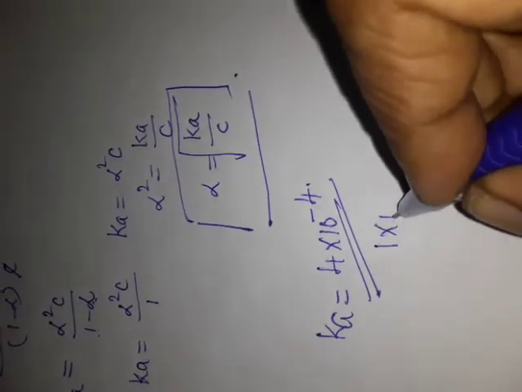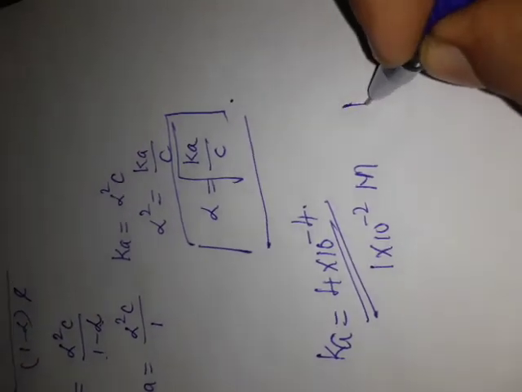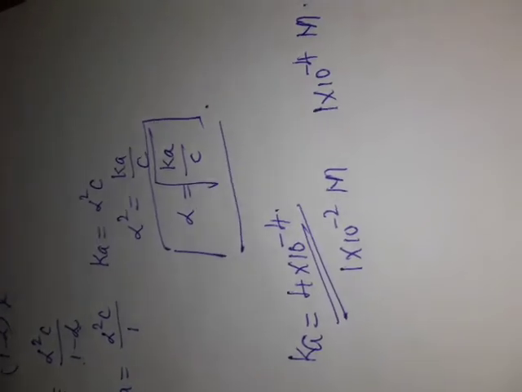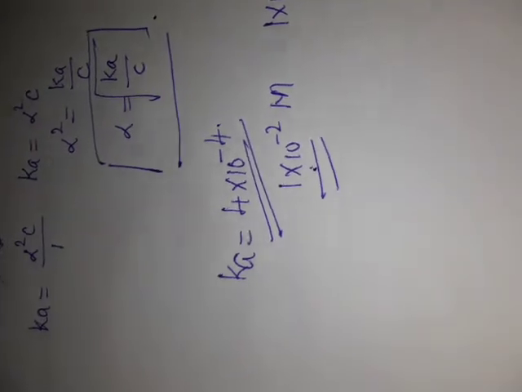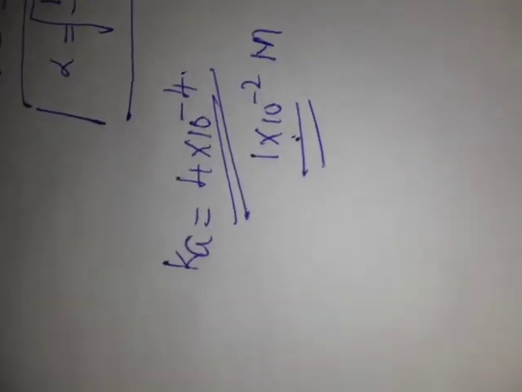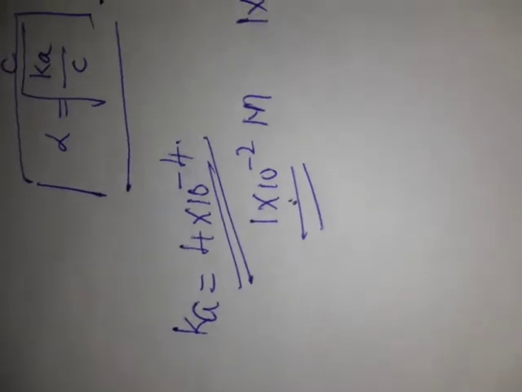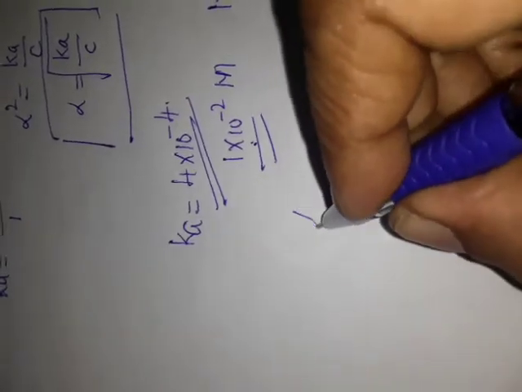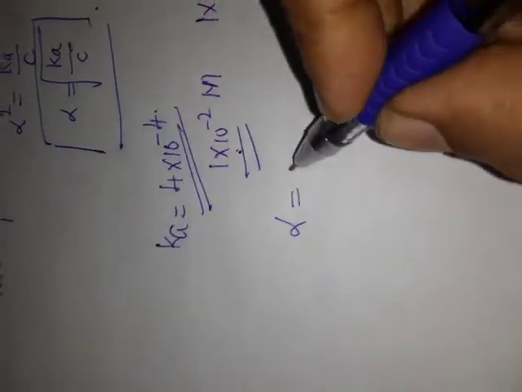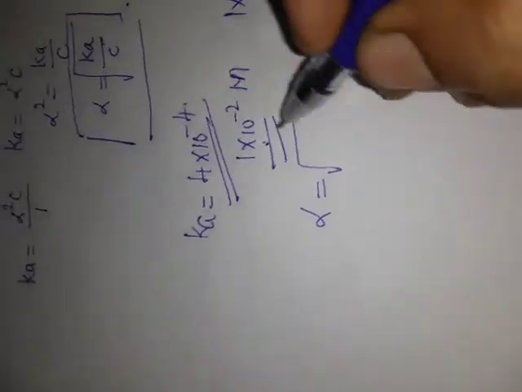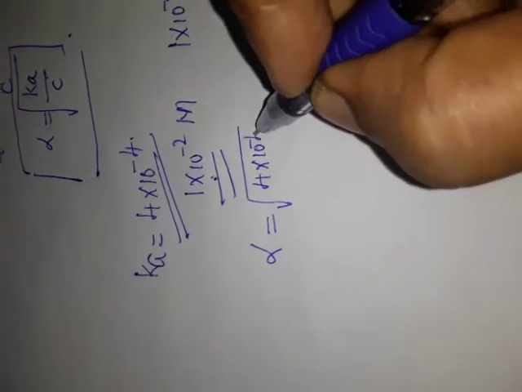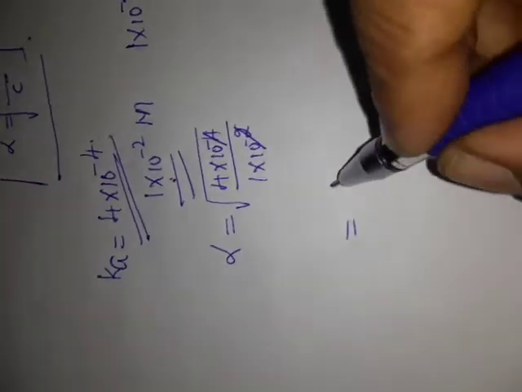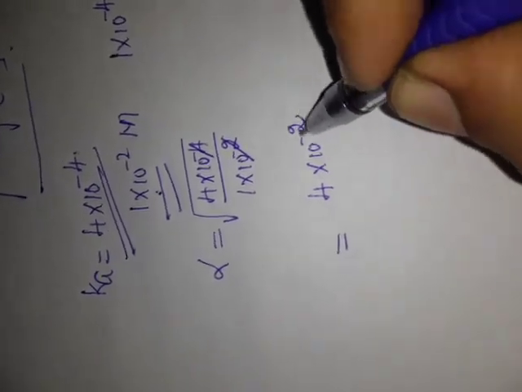One concentration is 1 into 10 power minus 2 M, the other is 1 into 10 power minus 4 M. Using the above expression, first we calculate for 1 into 10 power minus 2 M. So alpha is the square root of Ka value 4 into 10 power minus 4 by 1 into 10 power minus 2, which gives 4 into 10 power minus 2.